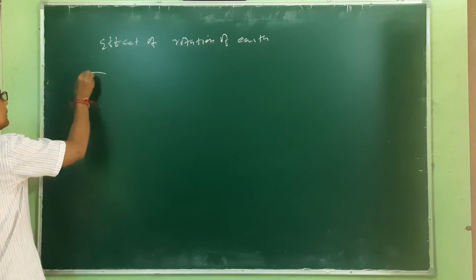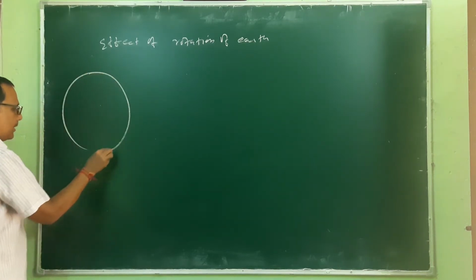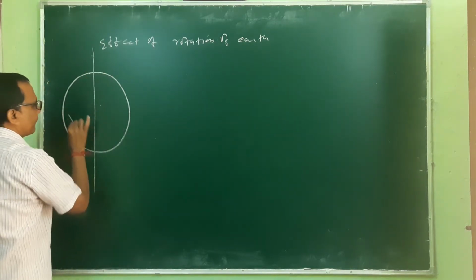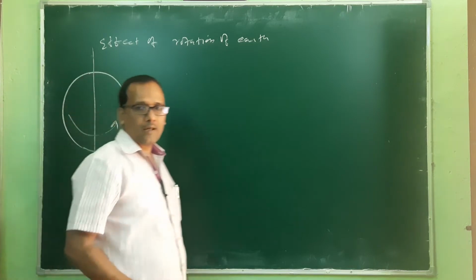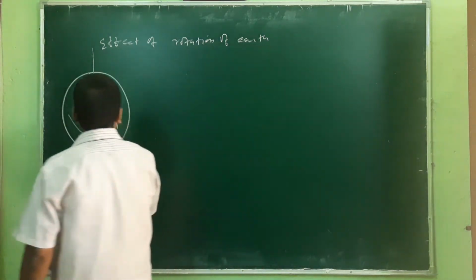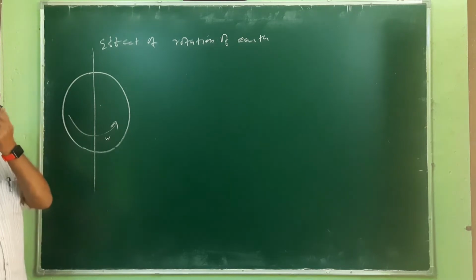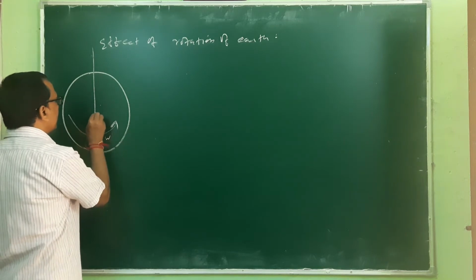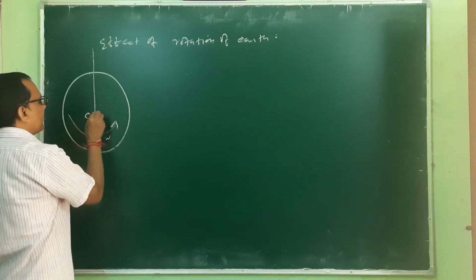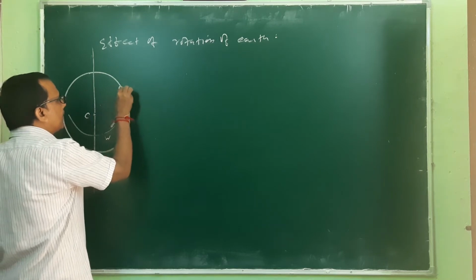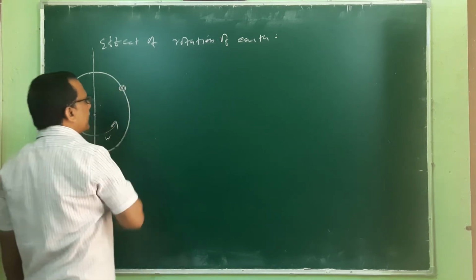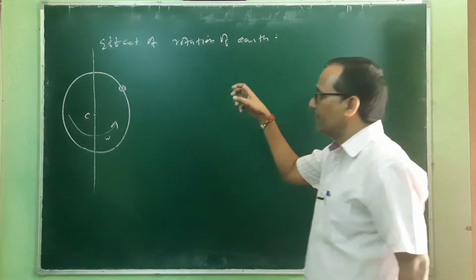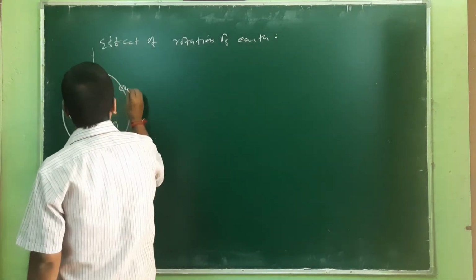So this is the center of our Earth, and it is rotating from west to east with a constant angular velocity omega. This is the place where we are trying to calculate the acceleration due to gravity. And for that calculation, we place one object of mass m somewhere here.